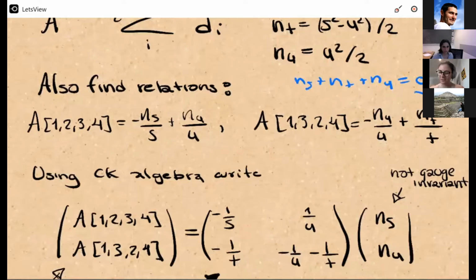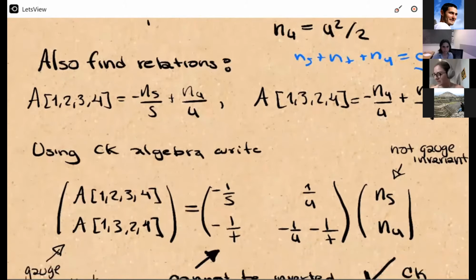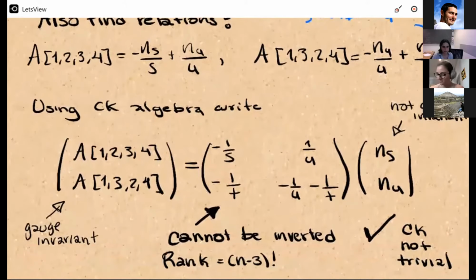So this kind of matrix computation is very useful to understand the double copy. And this is because here we have these partial amplitudes or color ordered amplitudes, and we know that they are gauge invariant. On the other hand, here we have something that we know is not gauge invariant. So we don't expect a trivial relationship between them.